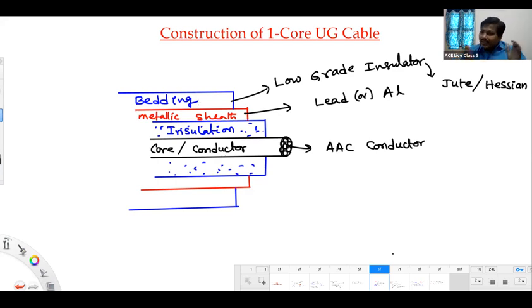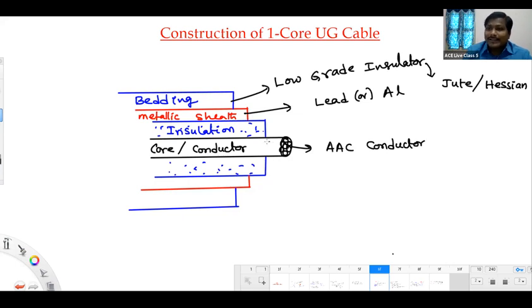Whenever we are transporting the cable from the company to the installation place, we have to carry the cable into the lorry, and after taking it to the installation place, we have to take it down. During these things, there may be a chance of getting some mechanical stress on the cable. Because of that mechanical stress, there may be a possibility of damage to the insulation and the conductor.